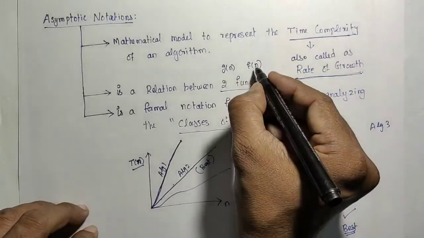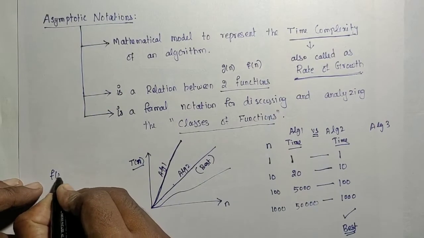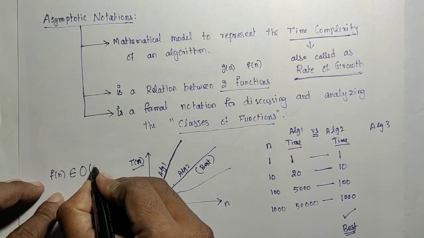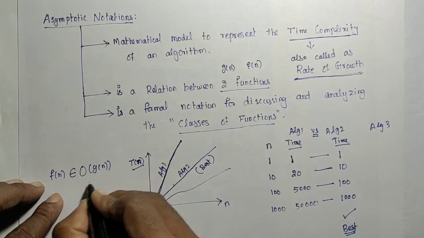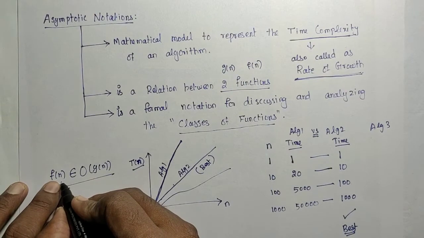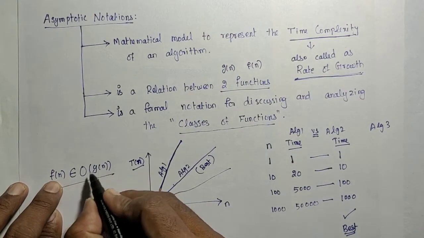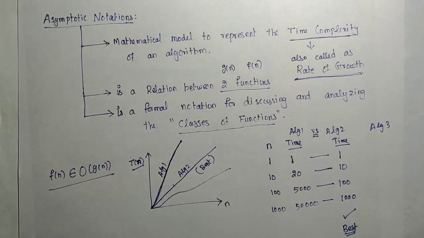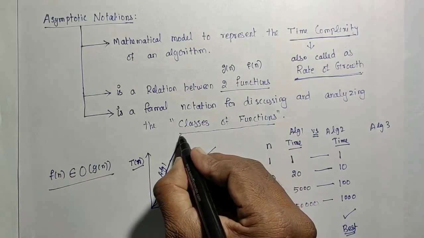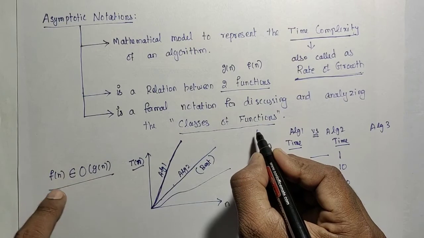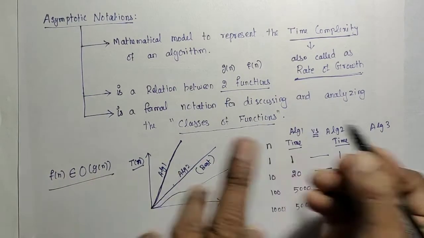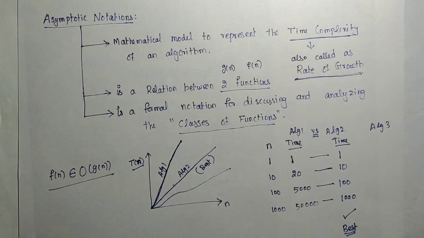It is like f of n. This function belongs to the group O of g of n. This is one simple example of the notation. It means the first function f of n belongs to this group, O of g of n. So with big O of g of n, we are going to classify the functions, and we say a particular function belongs to this class.